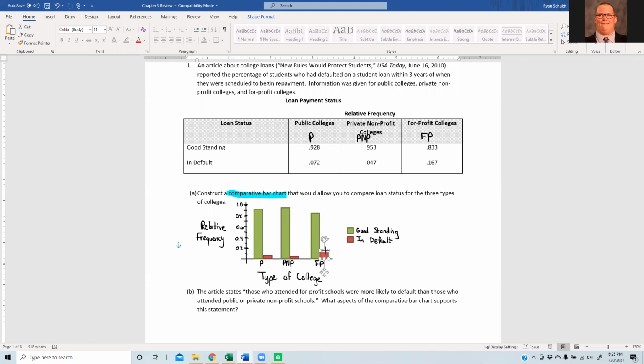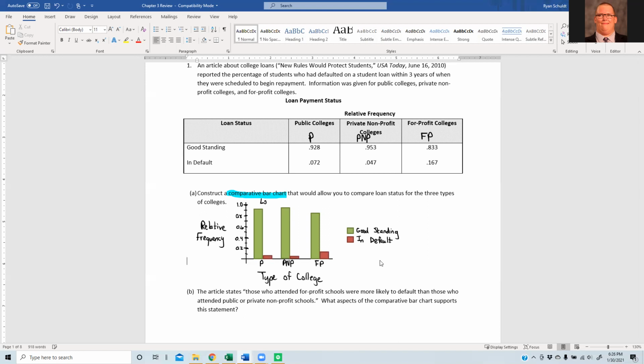So, I'd say maybe about there. And that may be a little too high. Let's do something like that. Okay, so there's our comparative bar chart. So we can see that public colleges and private nonprofit colleges are pretty close to each other.